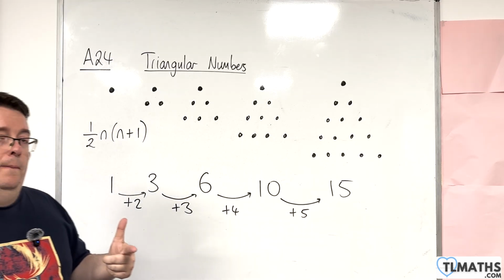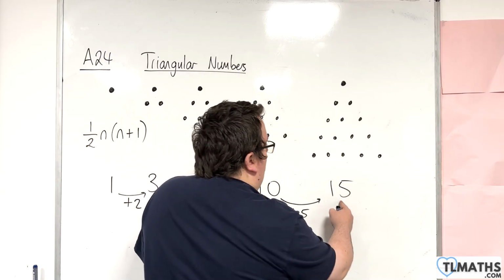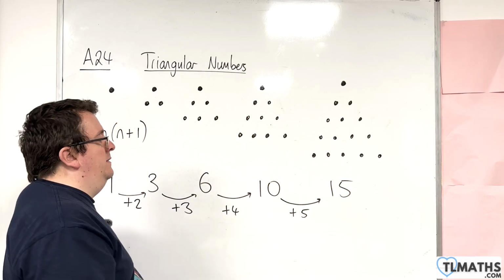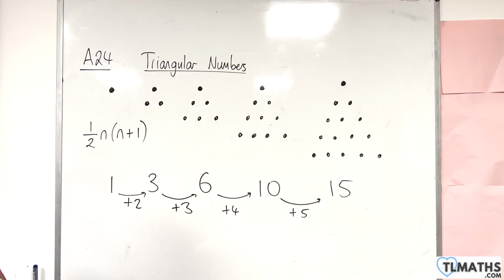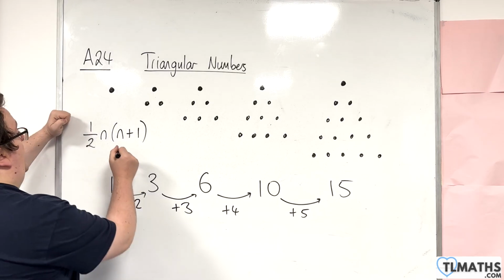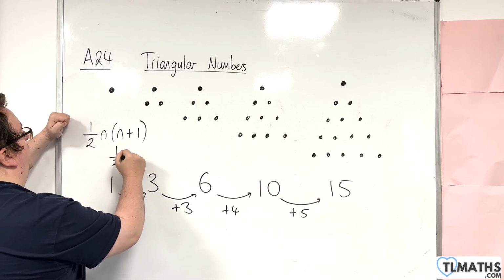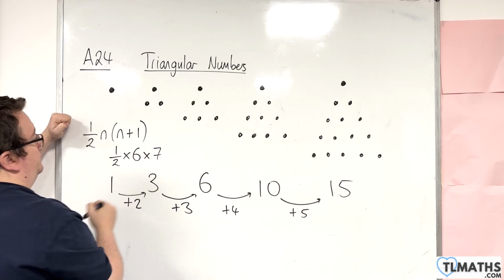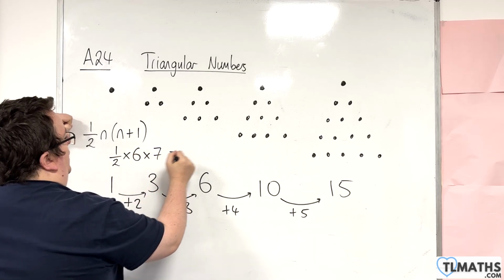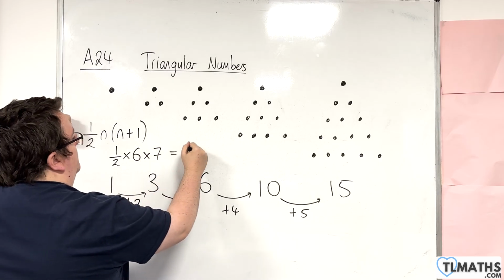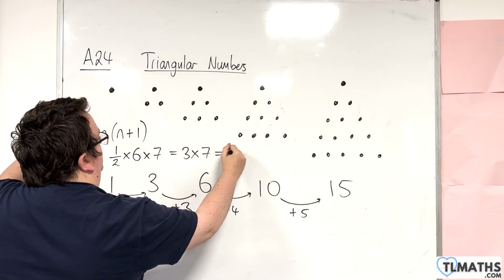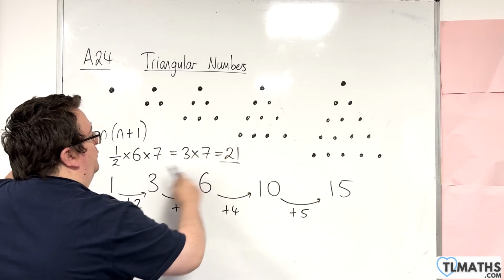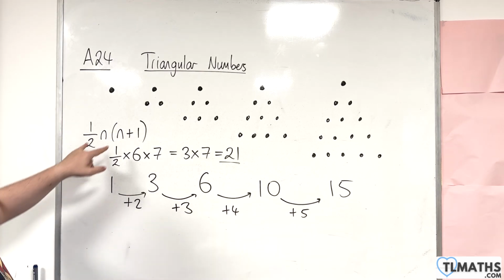Now we know that for the 6th term, I would need to add 6 onto 15, so we would get to 21. So if n is 6, we would have 1/2 times 6 times 6 plus 1, so 7. So 1/2 times 6 is 3, and 3 times 7 is 21, as we expected it to be. So this is the nth term.